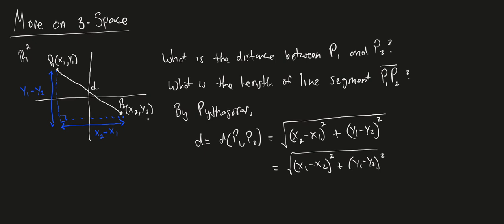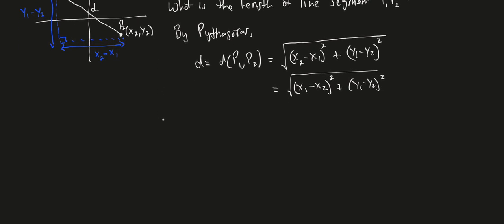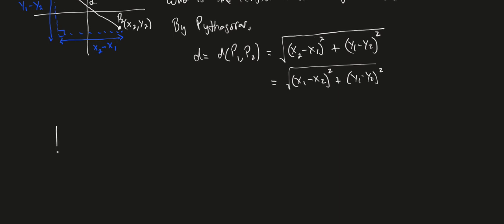And it turns out if we are now in R3, let's say we have our right hand orientation here. Let's say we have our P1.